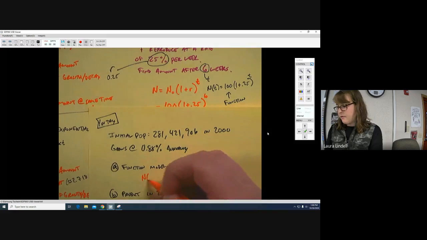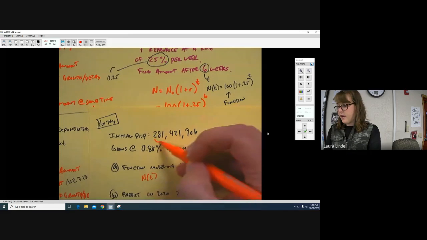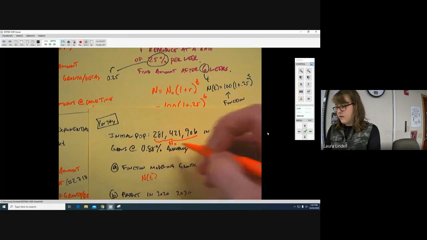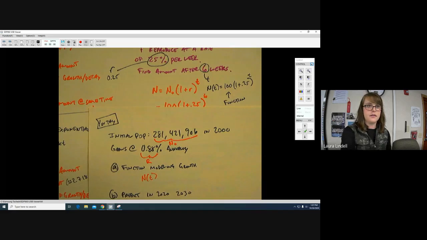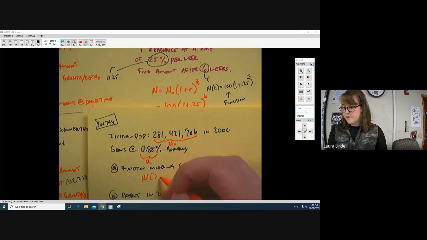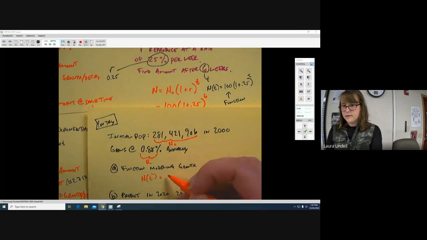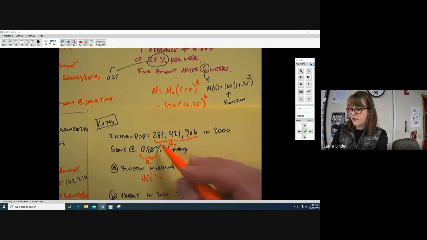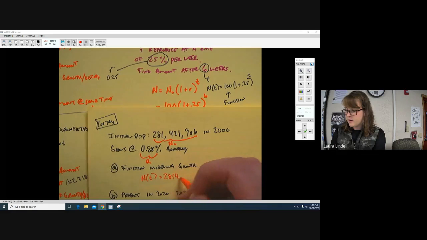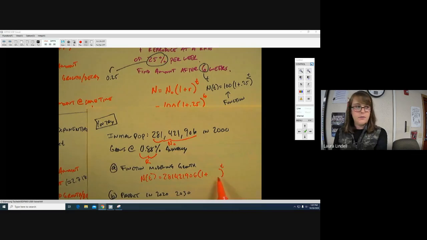Starting with N of t, you're on the right track. If this is your N naught, and your rate. So starting with our N naught, then we just need to fill in what goes there, the rate.